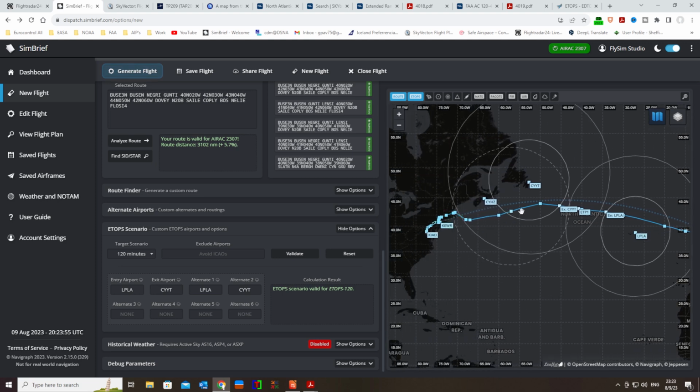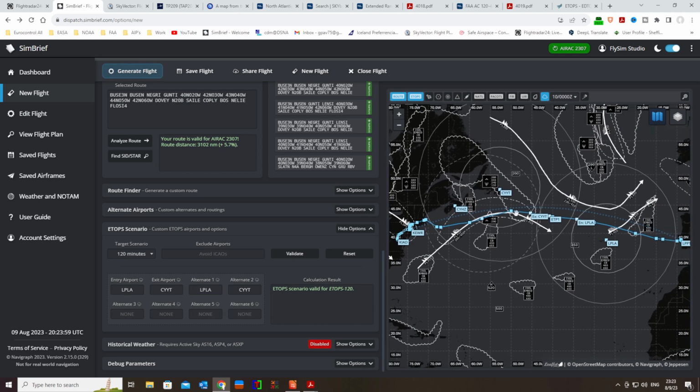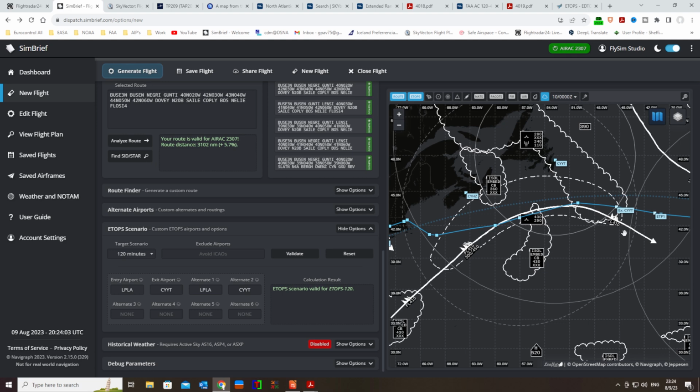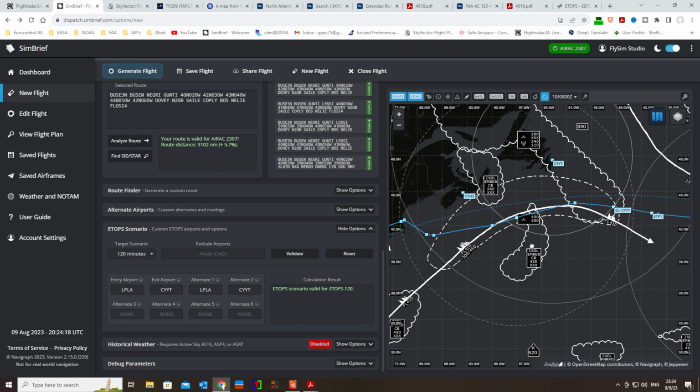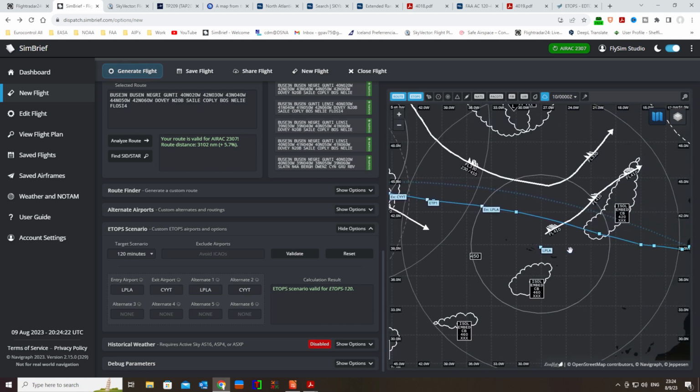I'm not going to change it. I'm just going to see a little bit of the weather. So I'm zooming in a little bit. In this area here we will have strong headwinds, but the core is at 410, as you can see here. And yes, I'm not seeing any huge problems.